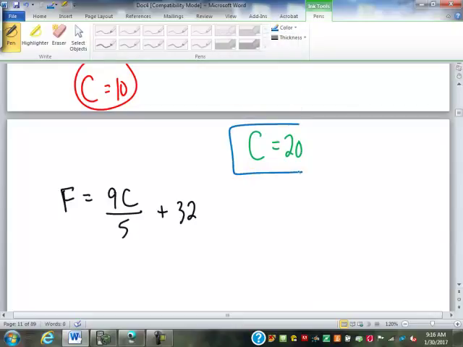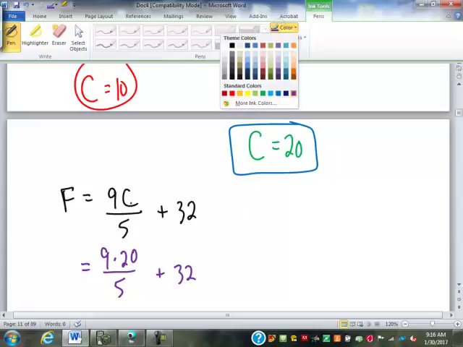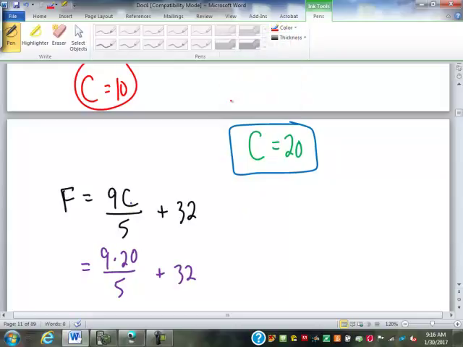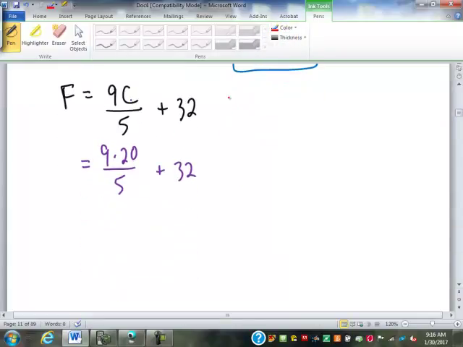So if the weatherman says it's going to be 20 degrees Celsius out there today, is it going to be a warm day, a cold day, or somewhere in between? Well, we put in the 20 for C, so it's 9 times 20 divided by 5, then plus 32. What do we have to do first? 9 times 20, which is 180.